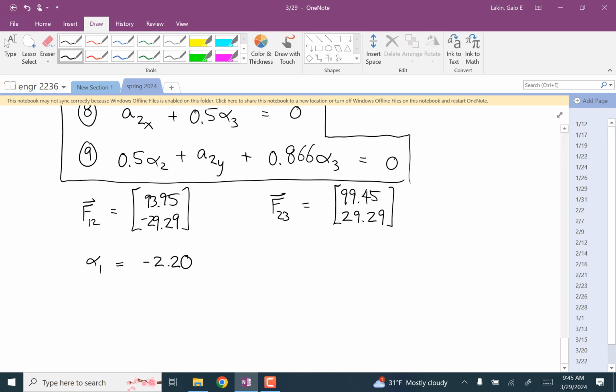Then alpha 2 is 0. Well, that's one thing you need, to get alpha 2 to be equal to 0, as people pointed out before we started this problem. You can see that from the geometry, so that's a good sign. Alpha 3 should equal alpha 1, correct? Yeah. And I got that, so negative 2.20. And then the acceleration of body 2, I got 1.10, 1.91.